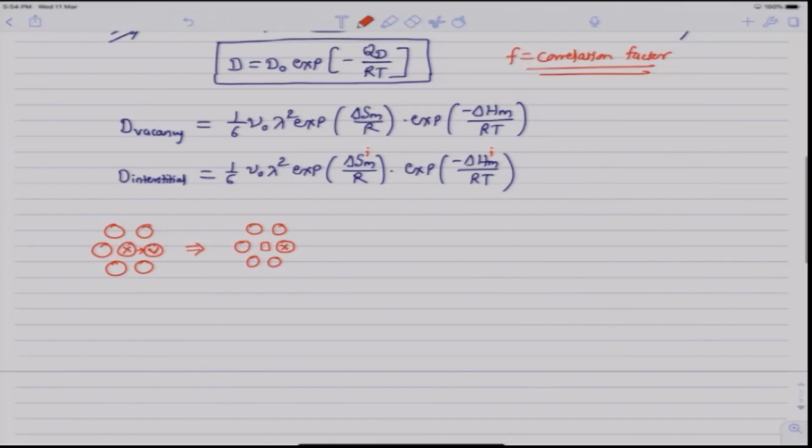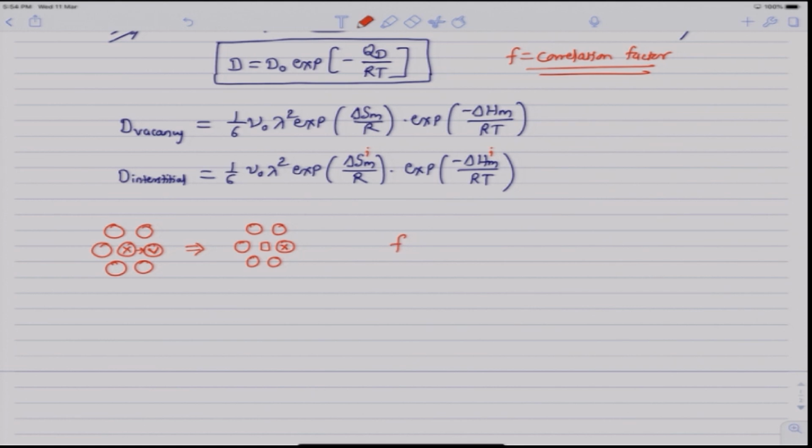If a fresh vacancy arrives on the nearest neighbor shell of X, and then X exchanges with that fresh vacancy, the first correlation sequence is broken, and the new correlation sequence will start with the new vacancy. And it is important to determine this correlation effect. This correlation factor accounts for this correlation effect.